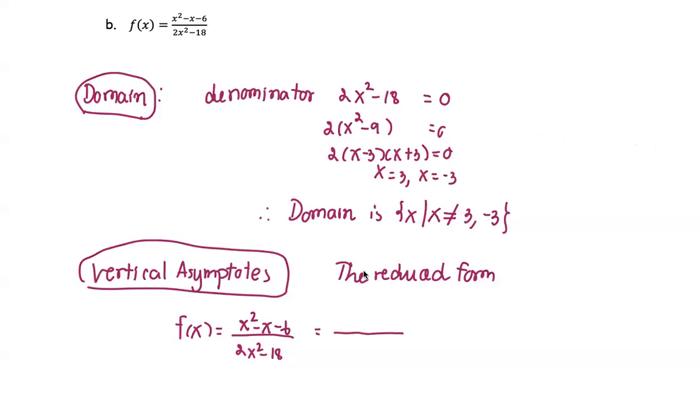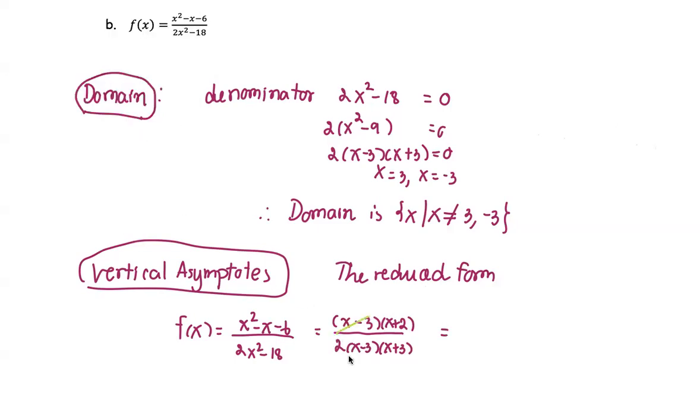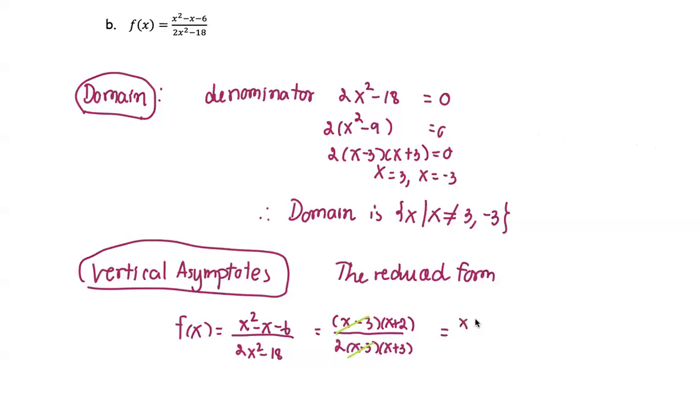The denominator was already factored when we looked for the domain: 2 times (x minus 3)(x plus 3). The numerator factors completely to be (x minus 3)(x plus 2). We can see the common factor that we can reduce, which is x minus 3. Therefore, the reduced form of this function is (x plus 2) over 2 times (x plus 3).